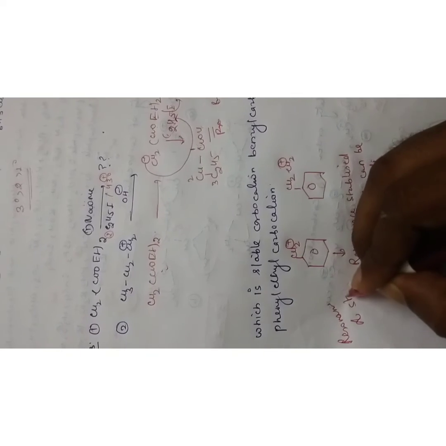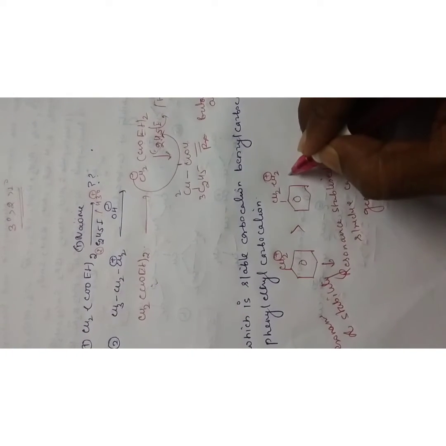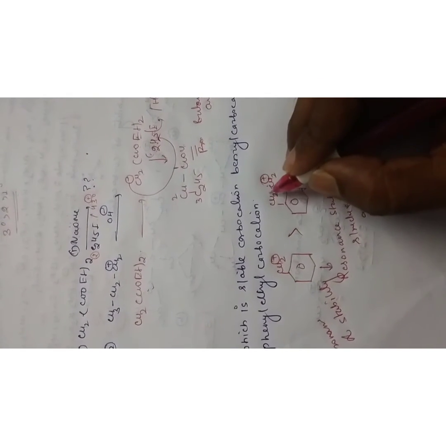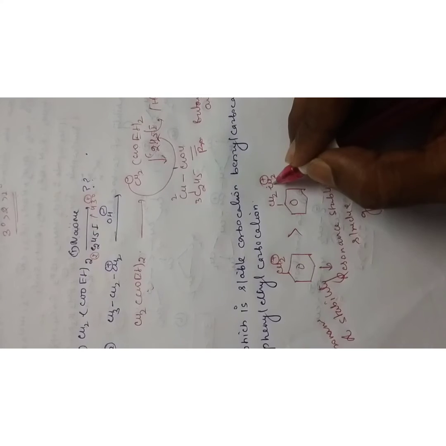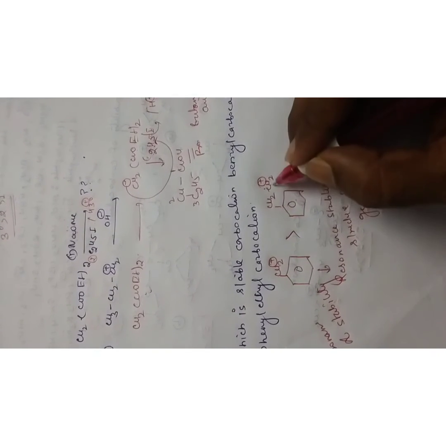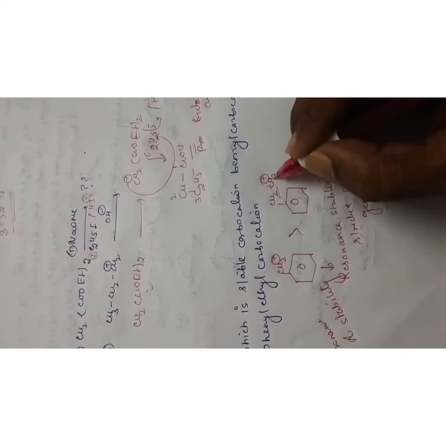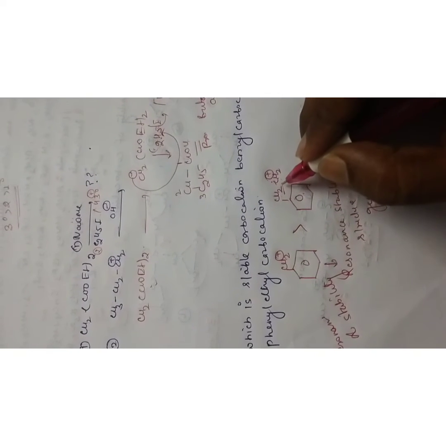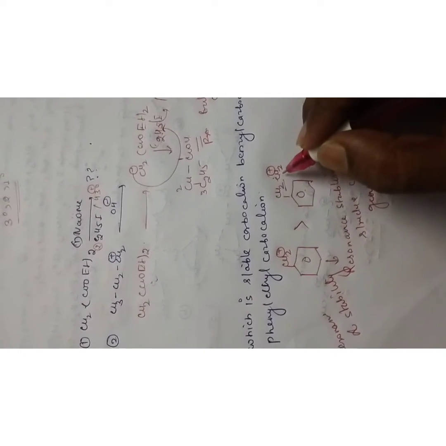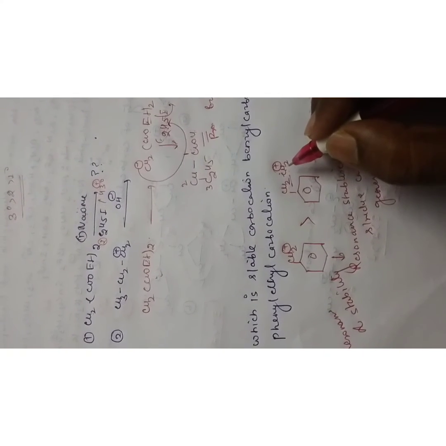Much more resonance structures is directly proportional to stability. So that's why benzyl carbocation is more stable as compared to this one, because in this one the carbocation does not participate in the resonance because it is extended by one carbon. So that's why this carbocation will be unstable. Okay, so it is the basic reason.